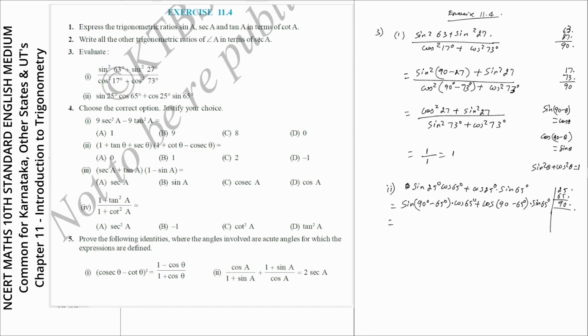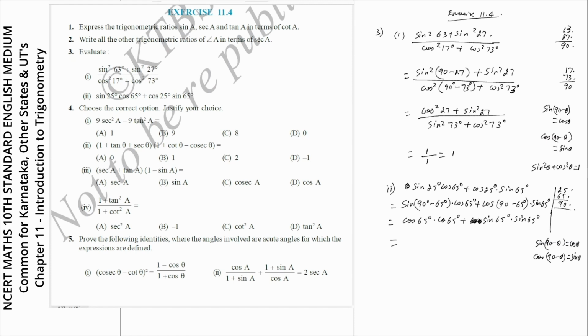Now sin of 90 minus 65 degree is cos 65 degree I will get. Why? Sin 90 minus theta is equal to cos theta. Similarly cos of 90 minus theta is equal to sin theta. So cos 65 into cos 65 degree plus, here cos will change to sine, sine 65 degree into sine of 65 degree.